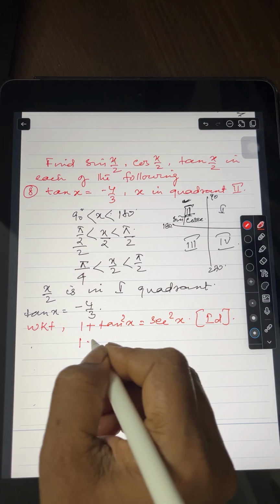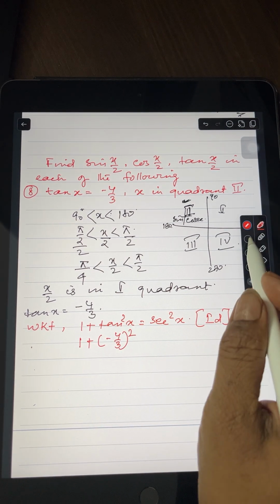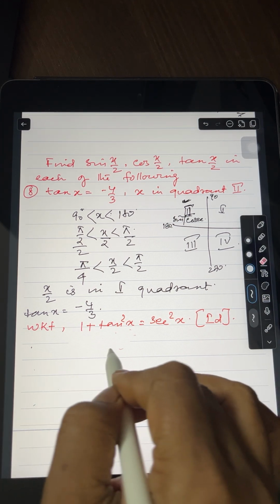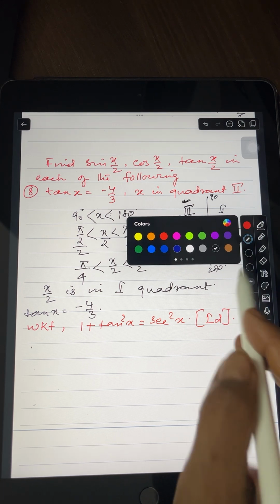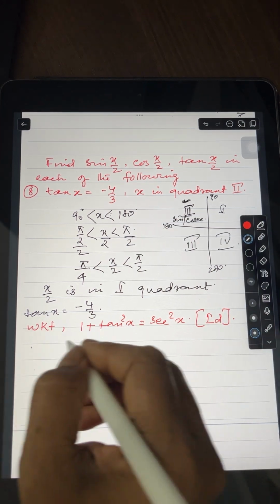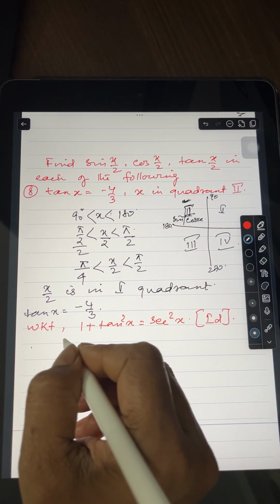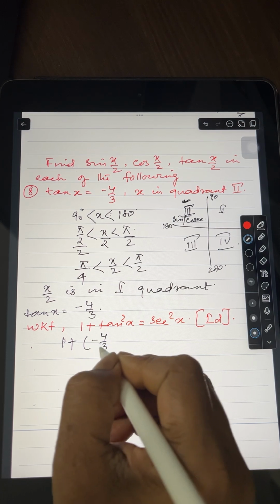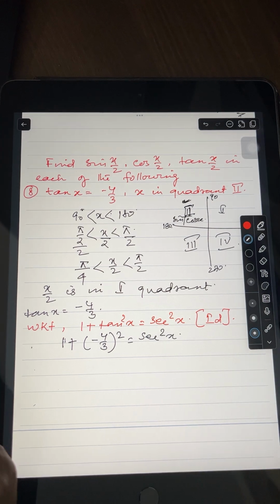So 1 plus minus 4 by 3 whole square. Sorry, I've not changed the color. Okay, now you can take this as 1 plus minus 4 by 3 whole square is equal to secant square x.